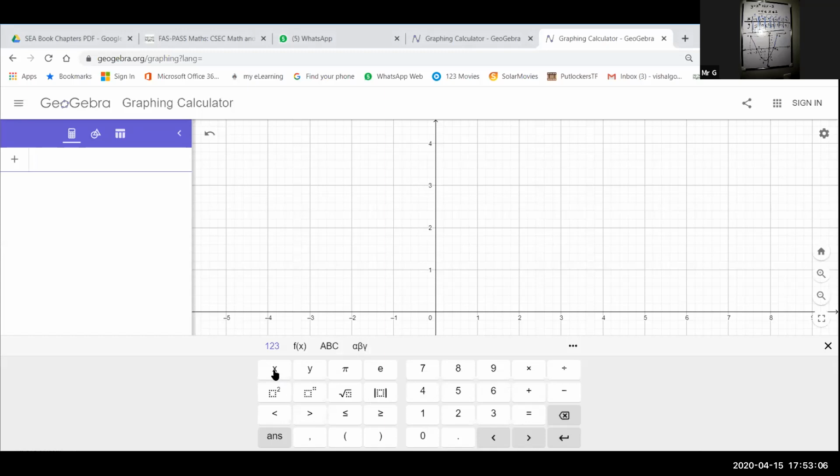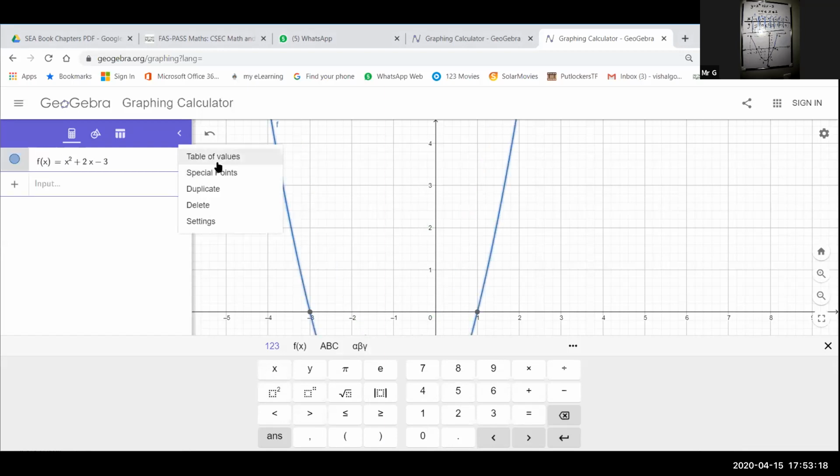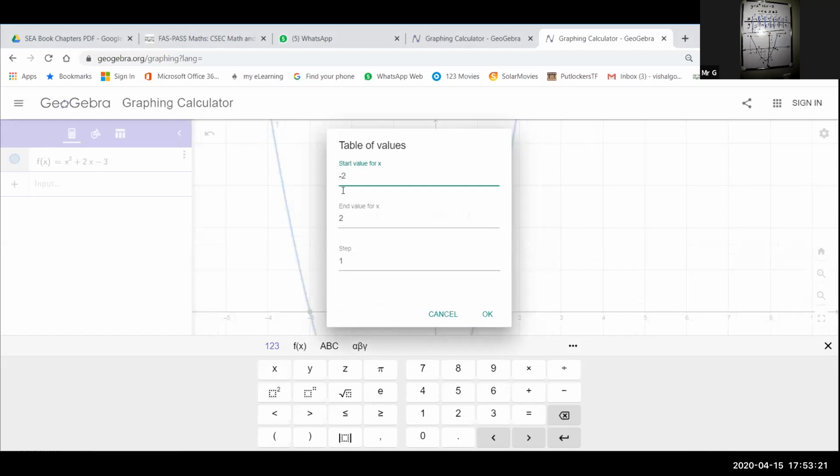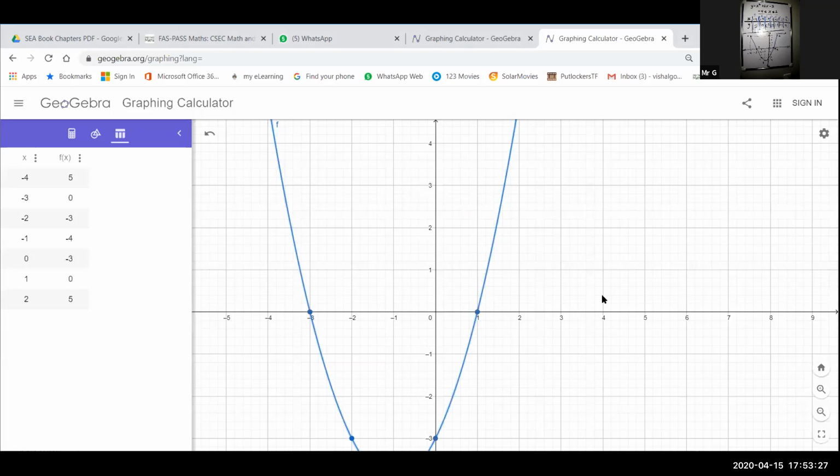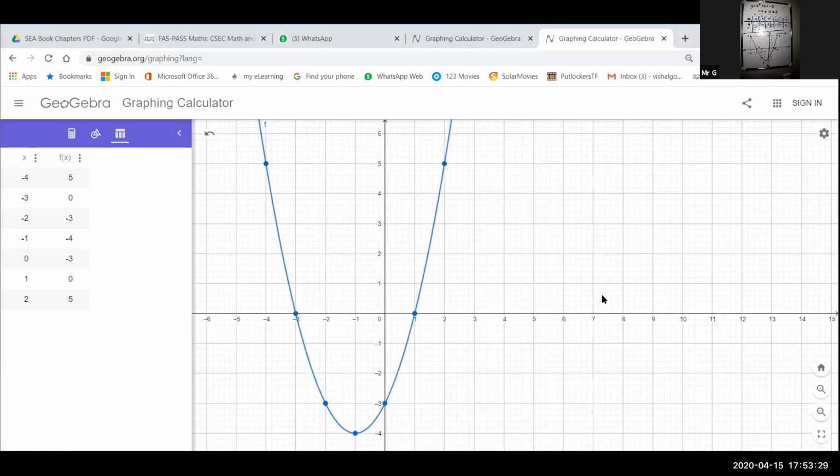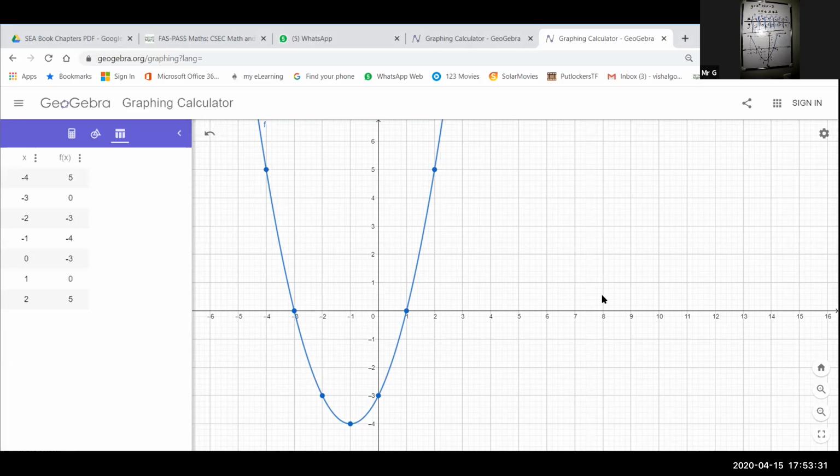So y is equal to x squared plus 2x minus 3. And our table of values will be -4 to +2. Right, so this is how the graph's supposed to look, professionally done, right?